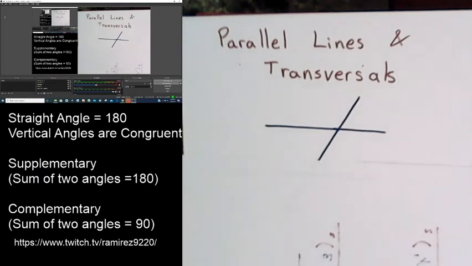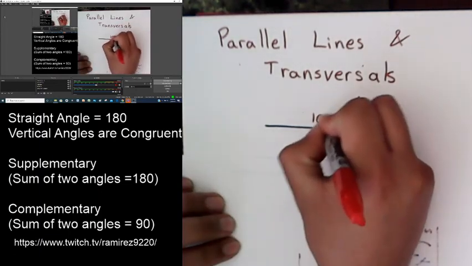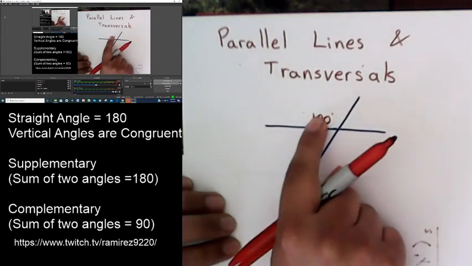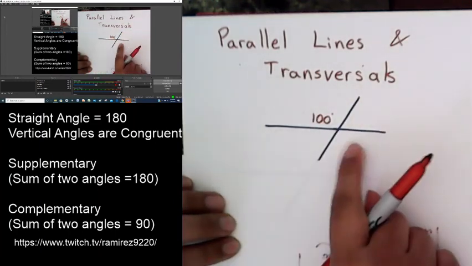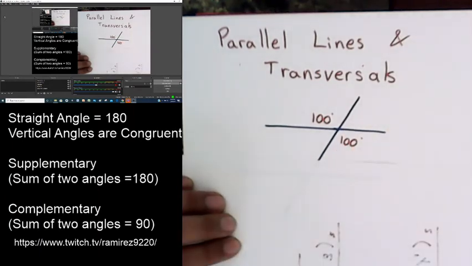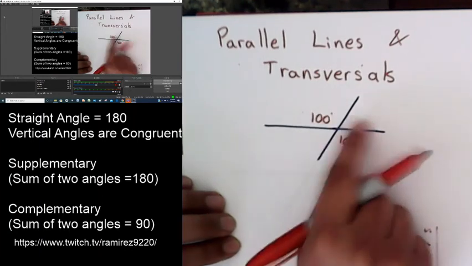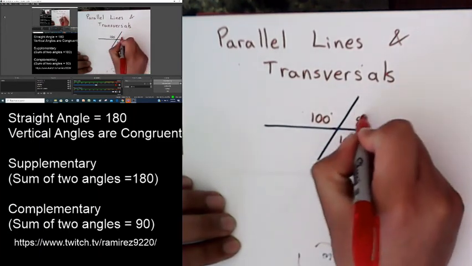Let's say the angle right here was 100 degrees. If that's 100, we already know the one across should also be 100. Straight line means 180, so if that's 100, this has to be 80.